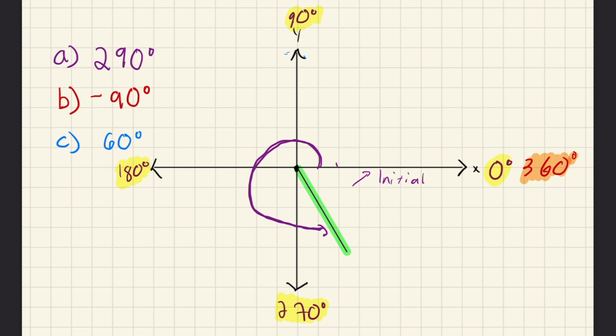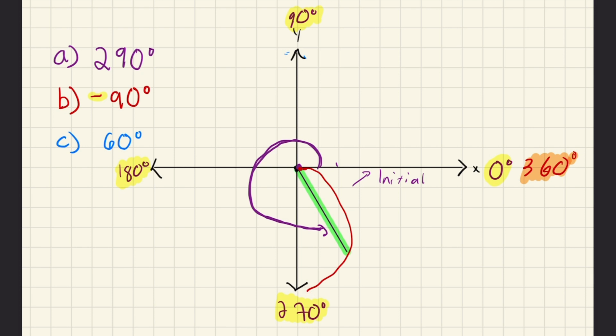Now let's move to negative 90. That negative, again, tells us that we're going to read the angle going clockwise. And so from the axis of origin, we're going to move from here, and I'm going to do this one in red so you can see it properly, and we're going to go all the way here to 90, because remember, one full quadrant rotation is 90 degrees.